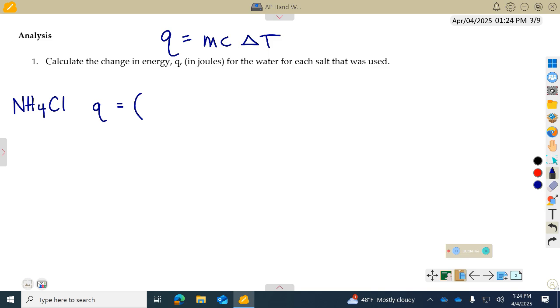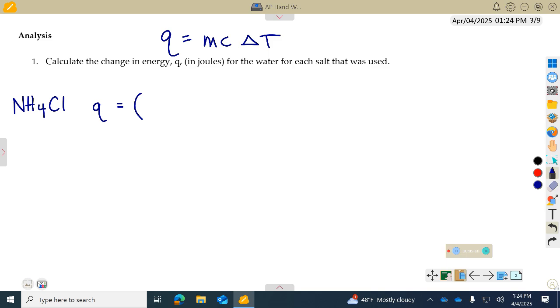Well, similar here. When we dissolve these solids in water, the solid becomes part of the final solution. So we want this mass to be the final combined mass of everything that is now part of the solution. So it's going to be the 5 grams of solid plus the 45 grams of water, which in the end is super easy.